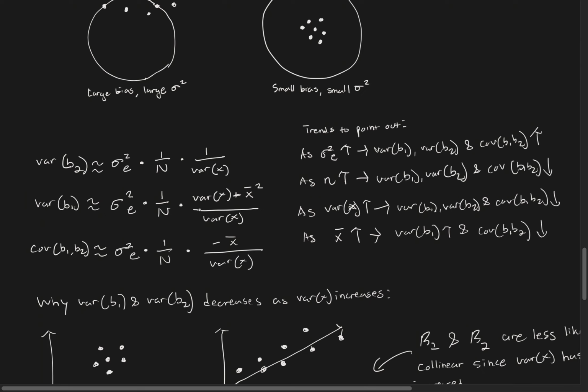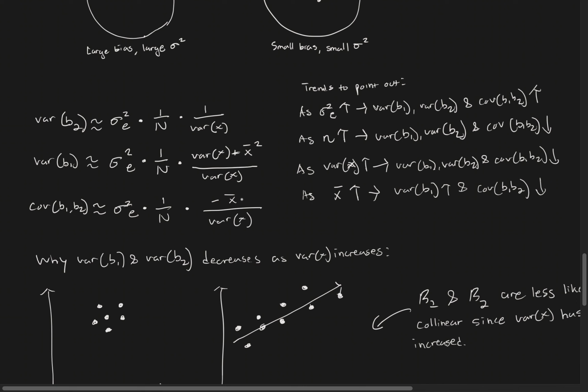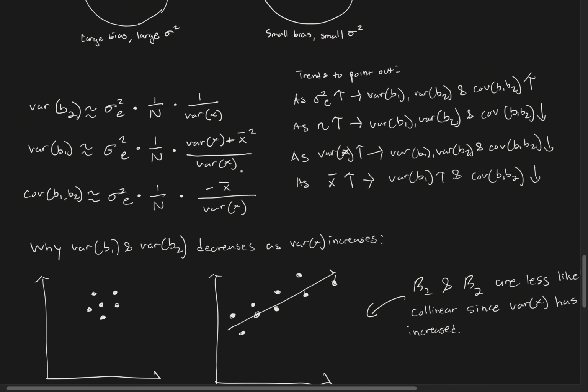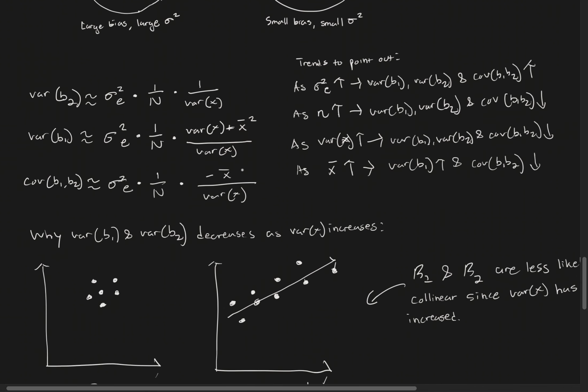And then our variance of x, or let's do the mean first. As the mean increases, the variance of b1, was I saying beta the whole time? I really meant b1, but theoretically they're pretty similar. Anyway, the variance of b1 will increase as the mean increases, and then the covariance of b1 and b2 will decrease.